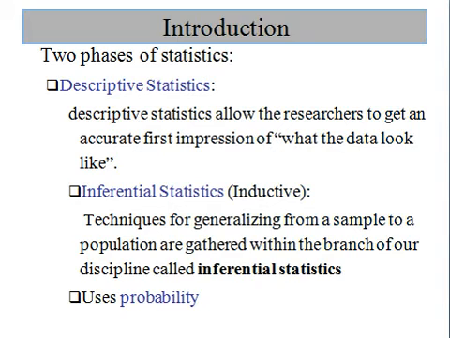However, in inferential statistics, what we are saying is, okay, we have a sample, and because a sample was drawn from a population, this sample will have the same characteristics as the population, right?